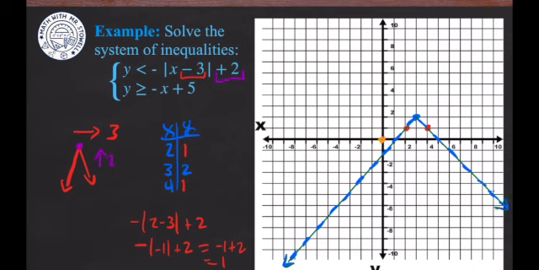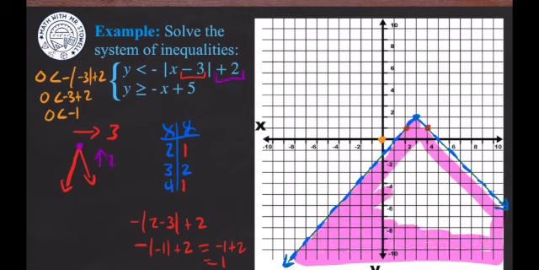Notice 0, 0 is not a point on this, so let's just choose 0, 0. 0, 0 is the easiest one in general. So if we choose 0, 0, this would be 0 less than negative absolute value of negative 3, plus 2, which gives us 0 is less than negative 3 plus 2. So 0 less than negative 1. Well, no, it's not less than negative 1, so we are going to shade on the inside of this.